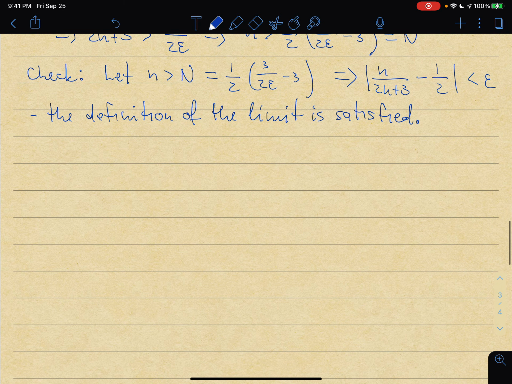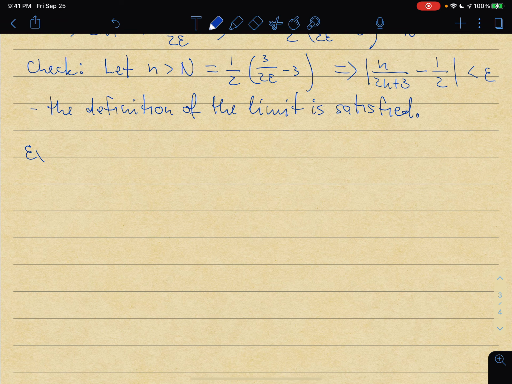Let's try another example. Let's say I want to take a limit as n goes to infinity of, let's say, n squared minus 3 over n to the fourth plus 2.